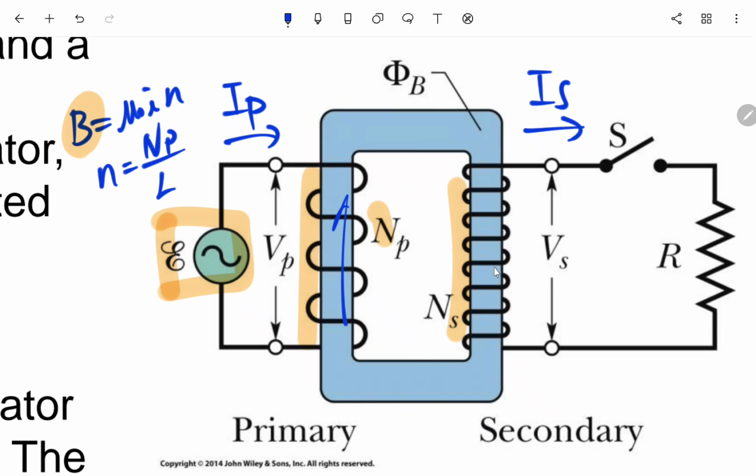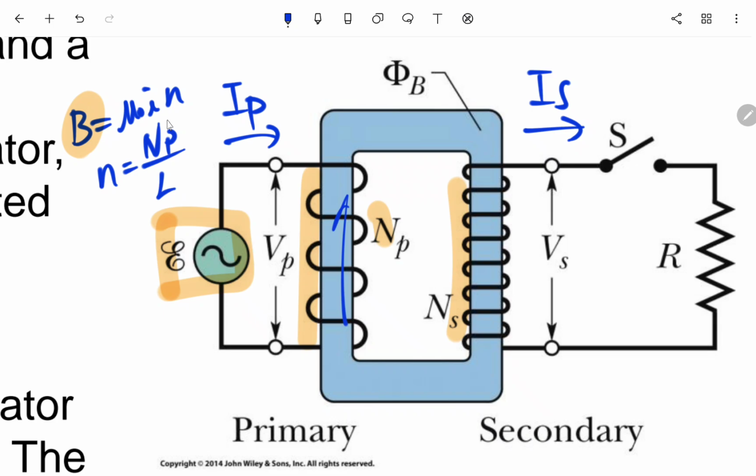So we assume low B field leakage to the air. If there is some B field leakage, then some power will be lost. So we assume all the power is transferred to here. According to Faraday's law, this I is sinusoidal.